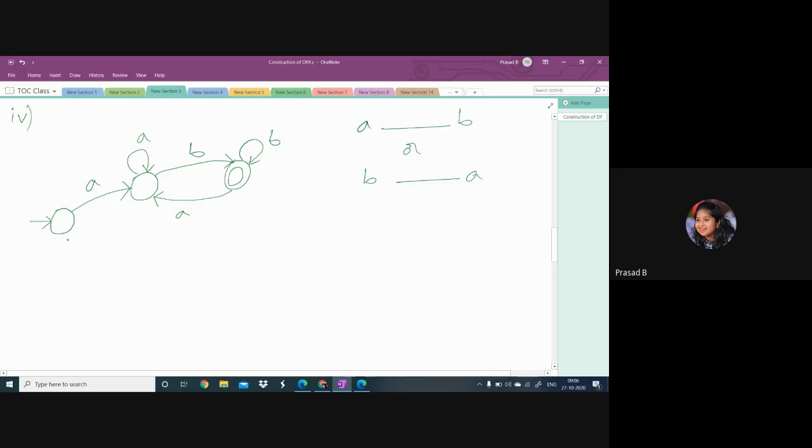And similarly, if it is starting with B, then should end with A. And here, as long as ending with A, we will be in the final. And if B comes, we'll come back to this. And here, as long as B, we will be in this one. So here we have two final states. An automata can have any number of final states.